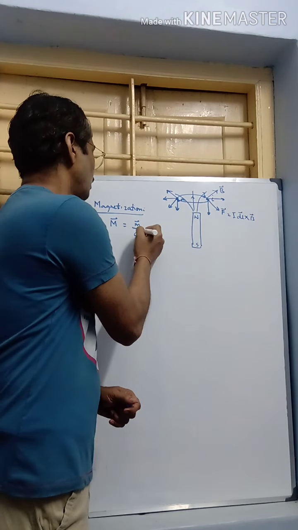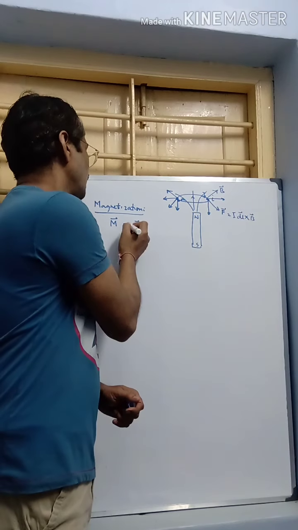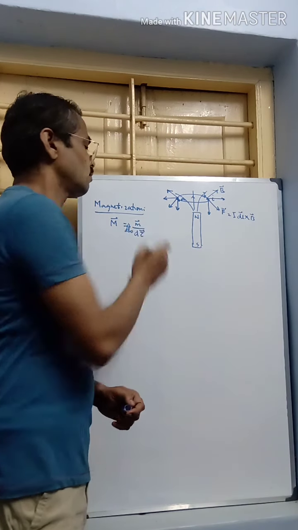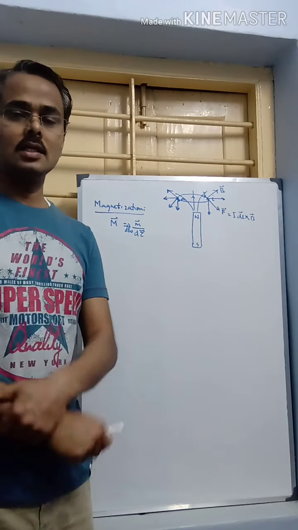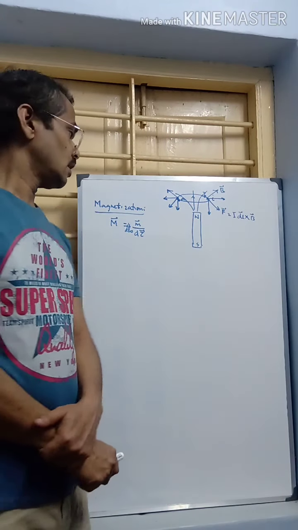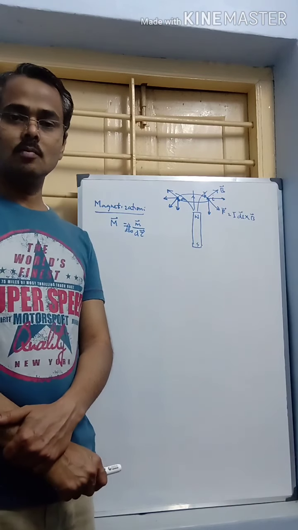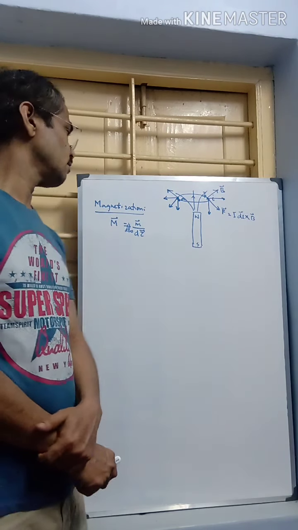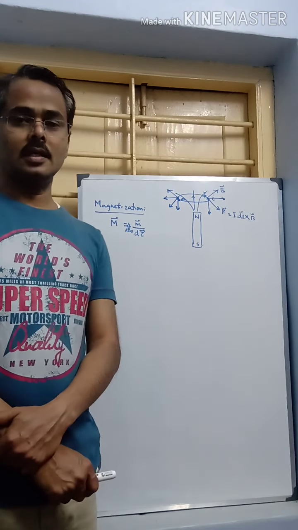So if you have a volume d tau, limit d tau tending to 0, this is defined as the magnetization of the material, the net magnetic moment developed per unit volume.